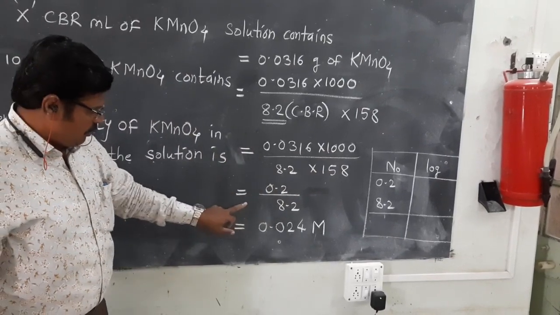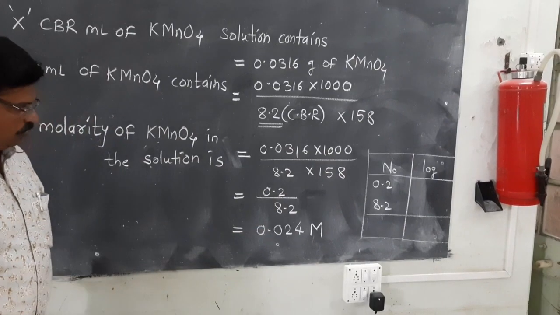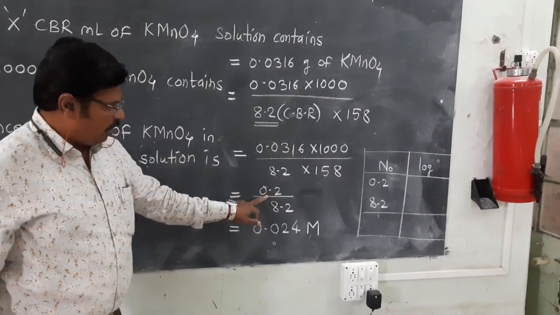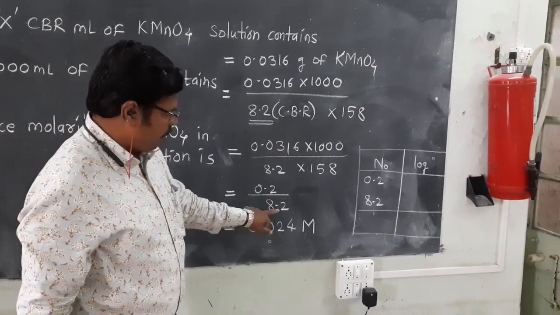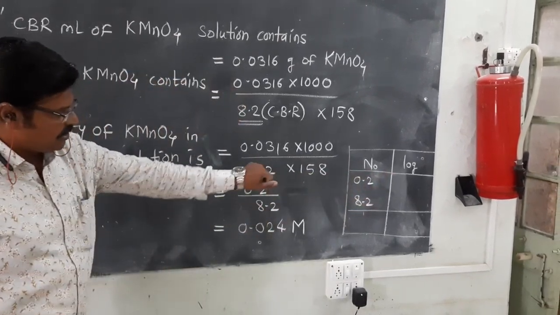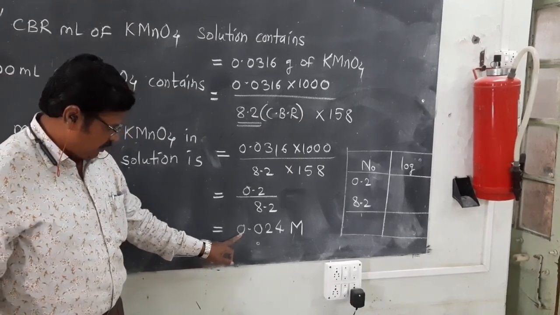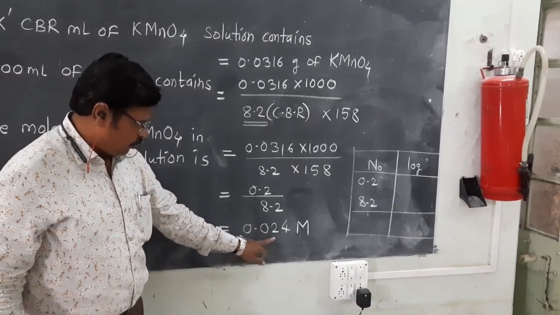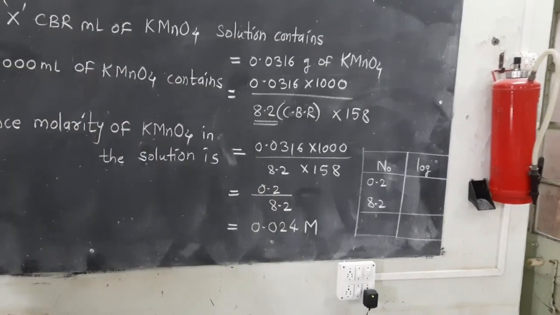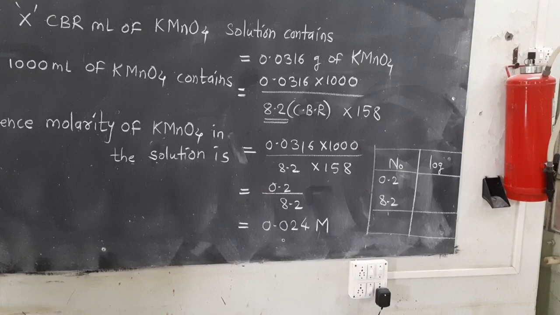By calculation, we get 0.2 divided by 8.2. See the log of 0.2 and 8.2. Substitute the values in this table, and after calculation we get the result: 0.024 capital M. The molarity of the solution is 0.024.